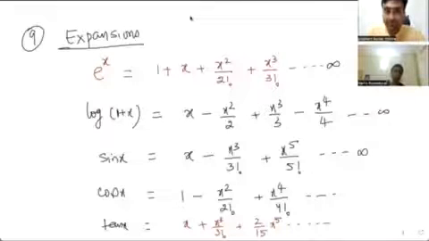Why 2 by 15? We don't have to go for the proofs. No proofs are required, and the next terms after 2 by 15 x to the power 5 are not required. Just 3 terms are sufficient.